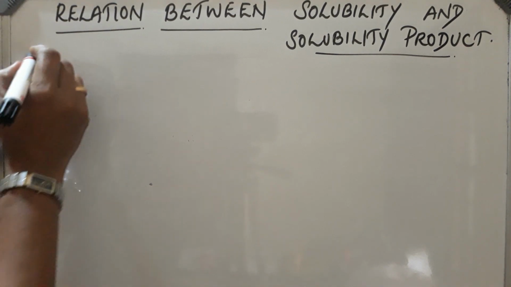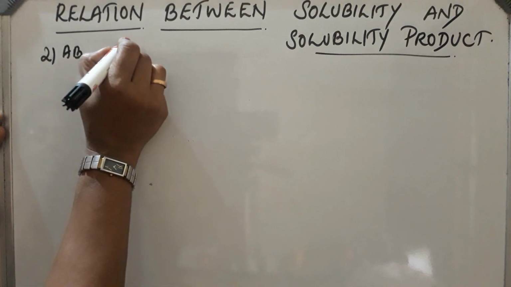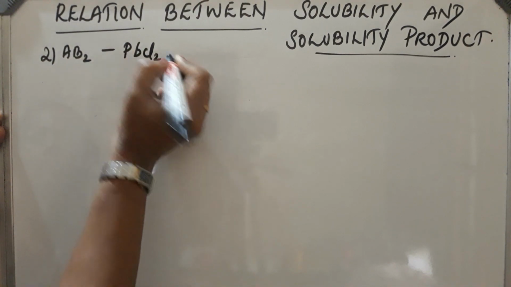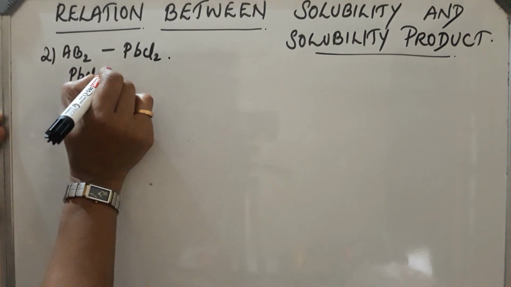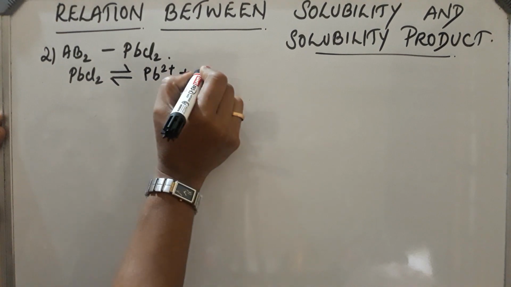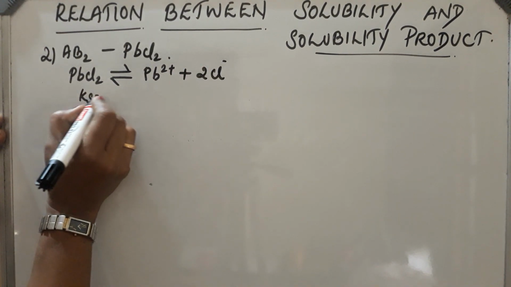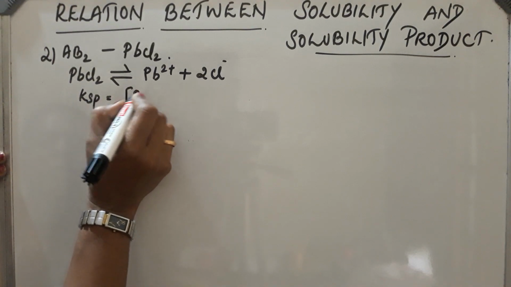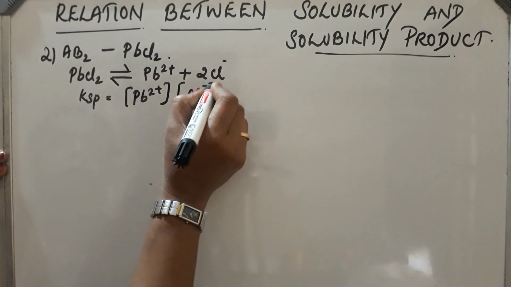Now the second type, AB2 type. An example is PbCl2. PbCl2 ionizes as Pb2 plus and 2Cl minus. So KSP will be equal to the concentration of Pb2 plus times Cl minus square.